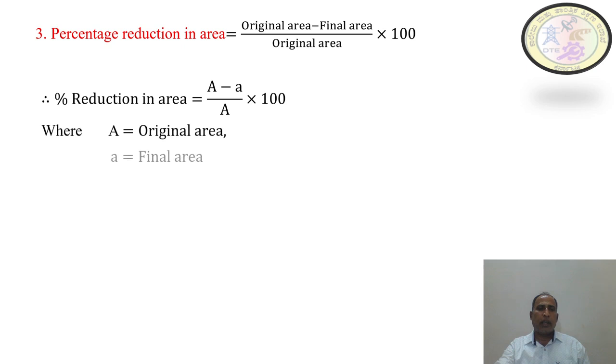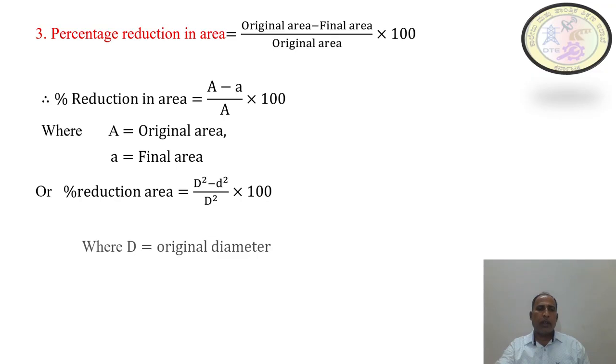So therefore percentage reduction in area is also written as capital D square minus small d square divided by capital D square into 100. Here D is the original diameter and small d is the final diameter or neck diameter.